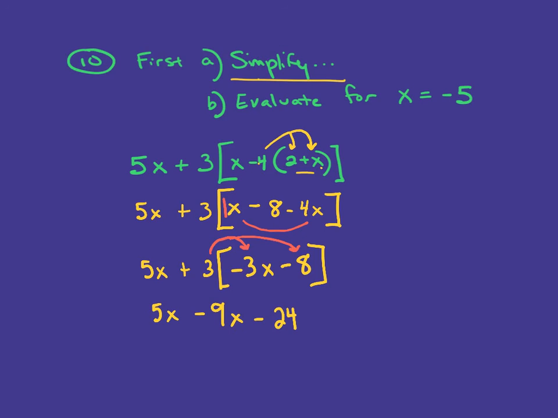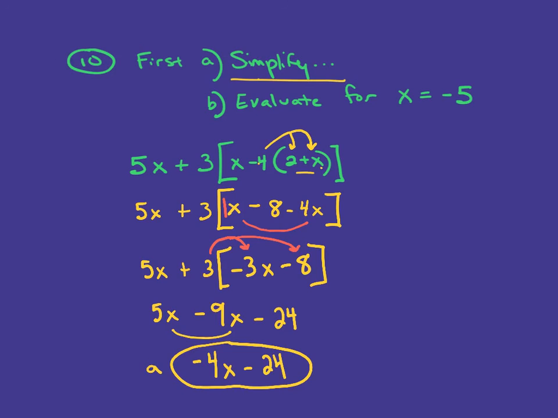Now we've got like terms we can put together, 5x minus 9x. Those are like terms. We're not going to change the variable part, but we are going to put the numbers together. 5 and negative 9 is negative 4x minus 24. So that's the first part. This would be what you'd put in for A. Simplified: negative 4x minus 24.